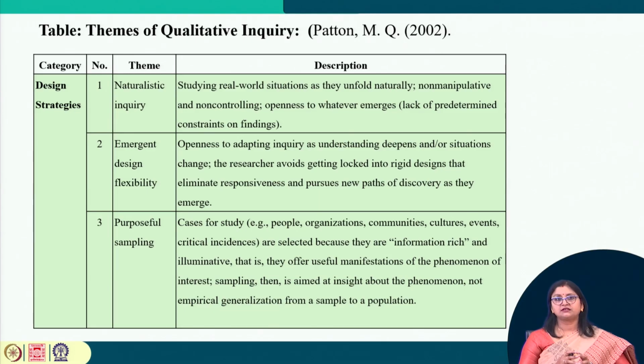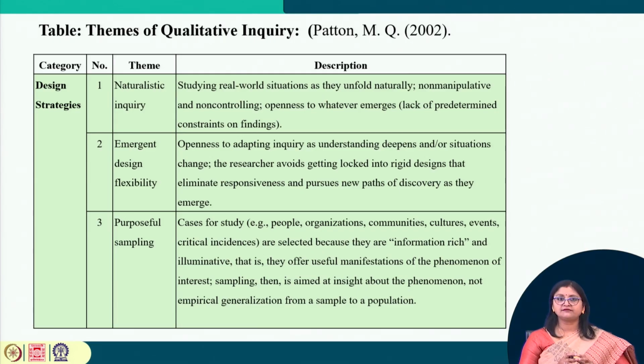In naturalistic inquiry, the description given is studying real-world situations as they unfold naturally, non-manipulative, non-controlling, openness to whatever emerges, lack of predetermined constraints on findings. This is the description of naturalistic inquiry.